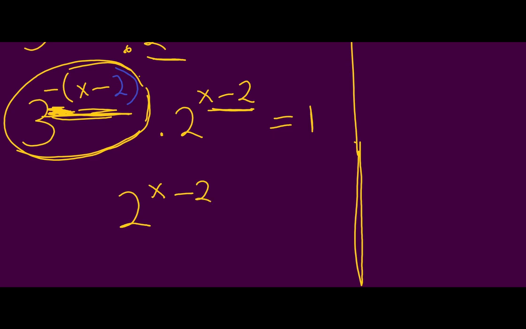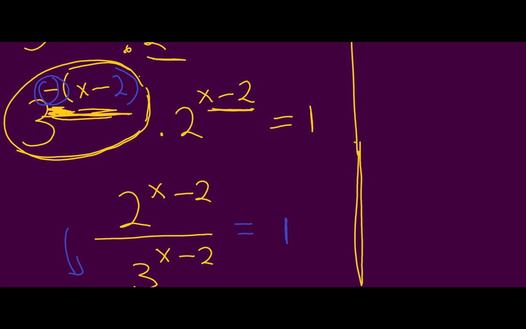And I'm going to divide it by 3x minus 2, because now this becomes positive. This sign becomes positive when it goes to the numerator, right? Then all of this equals 1.